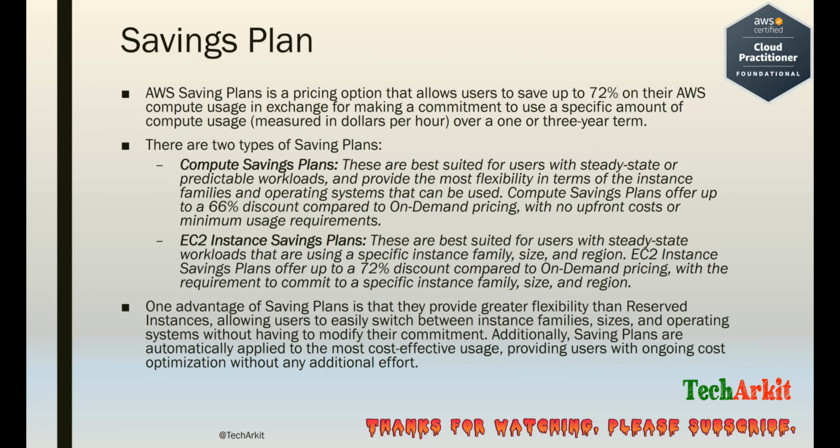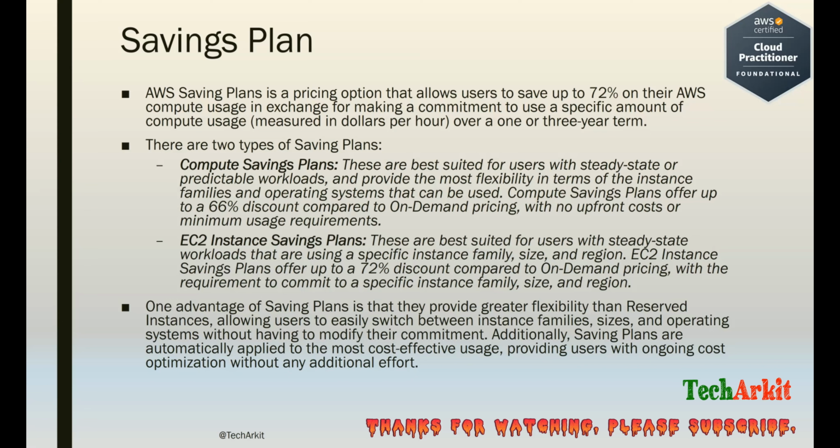Next, you have the saving plan. So how can you save the cost whenever you're running anything on AWS, the EC2 instances, right? AWS Savings Plan is a pricing option that allows users to save up to 72% on their AWS compute usage in exchange for making a commitment to use a specific amount of compute usage.